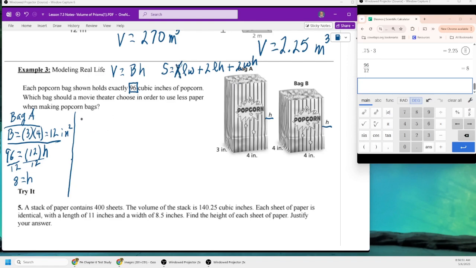So for bag number 1, the surface area is going to be, right, because now we have our length, we have our width, and our height is 8. So we're going to go 2 times the length times the width plus 2 times the length times the height plus 2 times the width times the height.